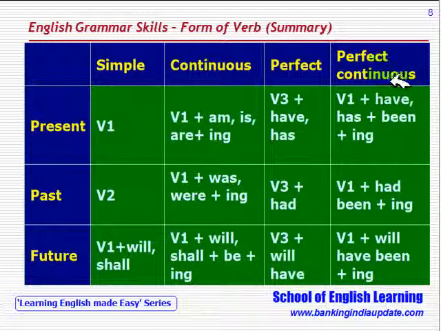And for perfect continuous, in case of present, first form plus have or has plus been plus ing.